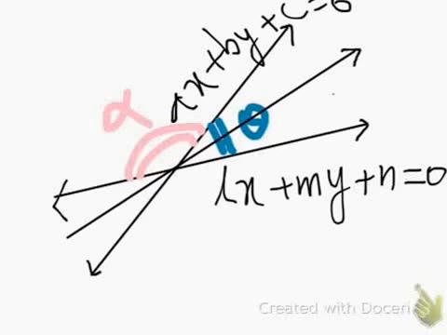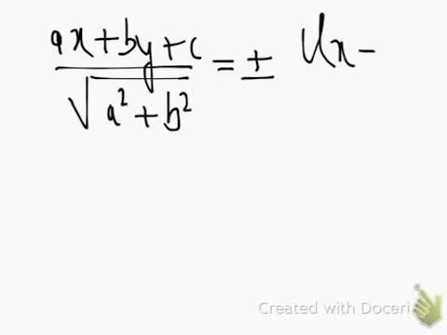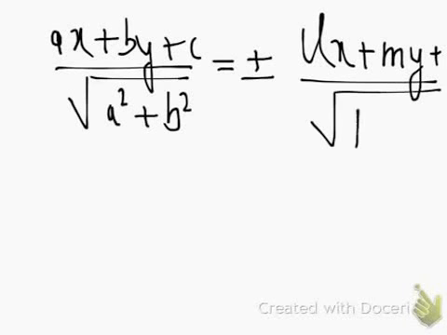This line is called the bisector of the line, and the equation of the bisector is given by the formula (ax + by + c)/√(a² + b²) = ±(lx + my + n)/√(l² + m²).